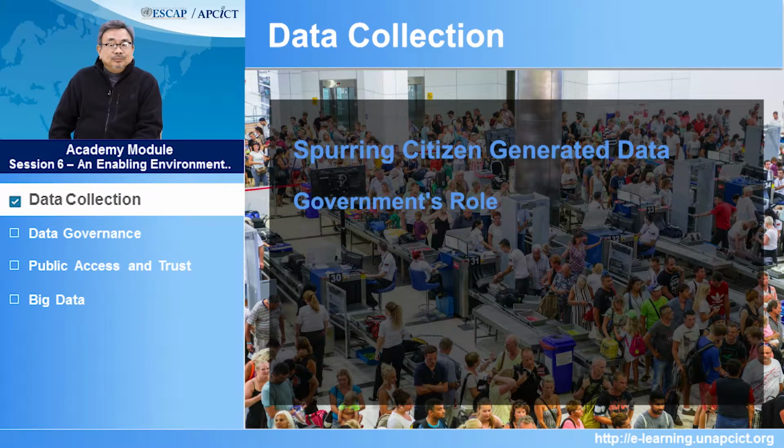We already mentioned Ushahidi, Haiti, and the sexual harassment map of Cairo as instances of citizen-generated data. So what then is the role of government in spurring the creation of more citizen-generated data?